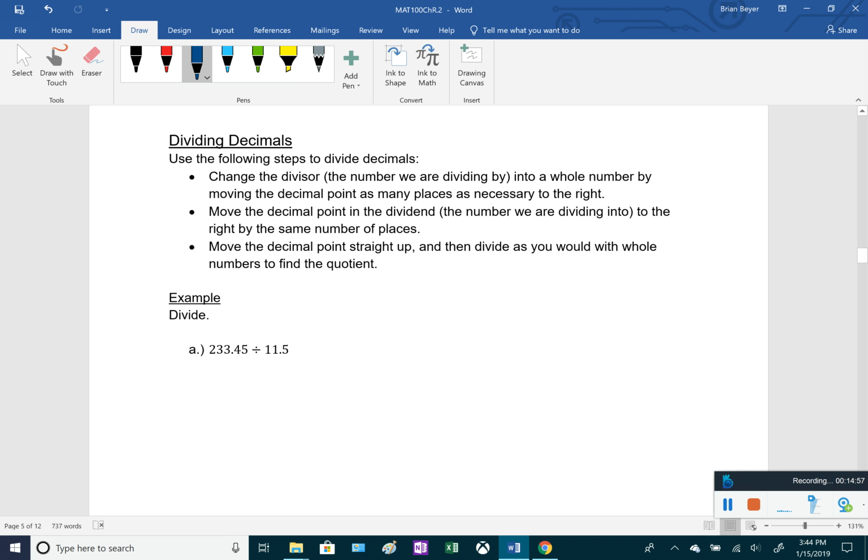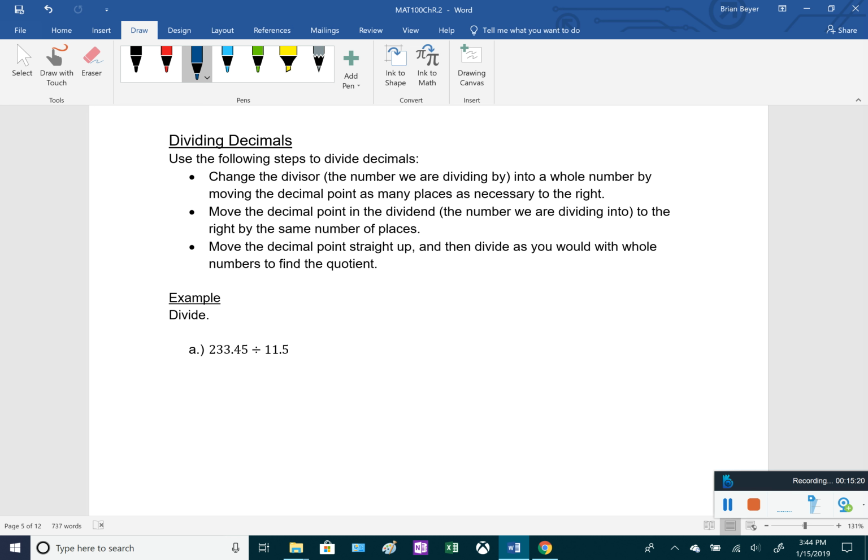Okay, so moving on to the next part, let's divide decimals. So the steps for dividing decimals: we're going to change the divisor. That's the denominator, the number that we're dividing by. We're going to change the divisor into a whole number by moving the decimal point over as many places as necessary to the right until it's a whole number.